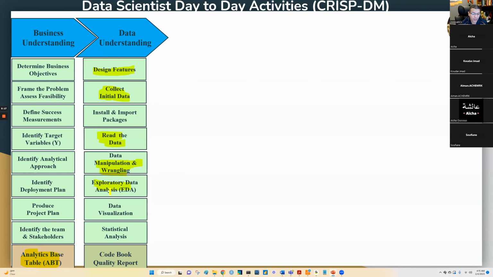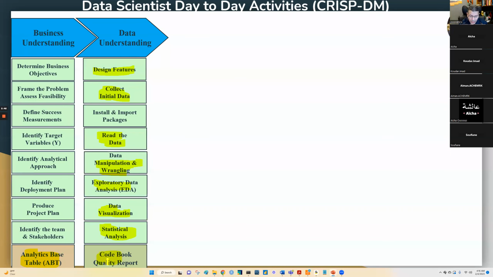We'll apply exploratory data analysis. We'll transform the data into as many graphs as possible, depending on the type of the data, to help us understand the hidden quality of this data. Then we apply some statistical analysis just to help us understand the significance and importance of the figures of the data.